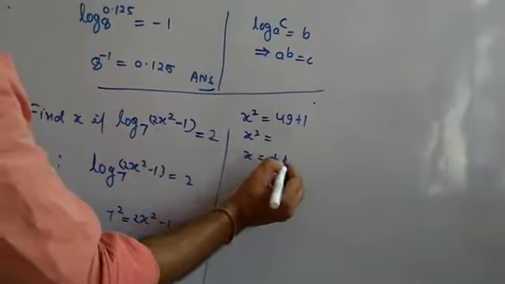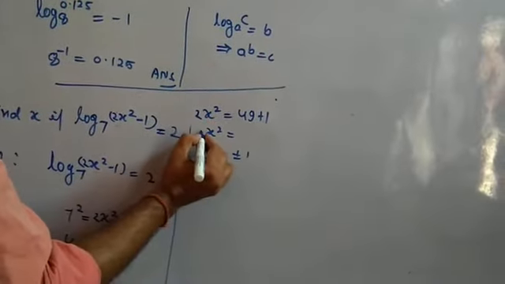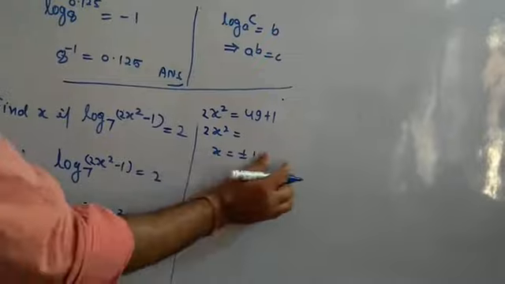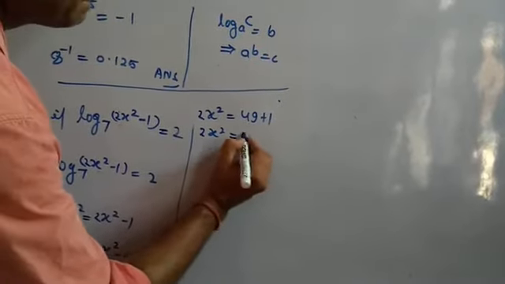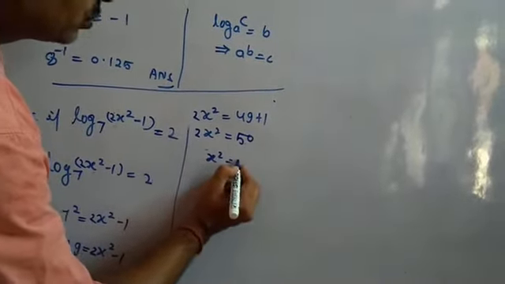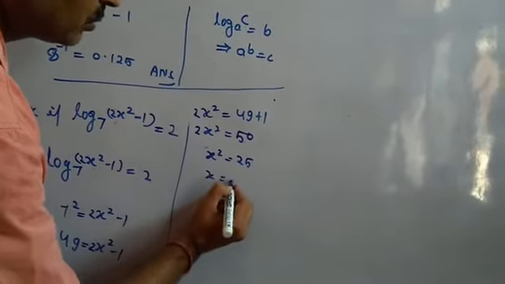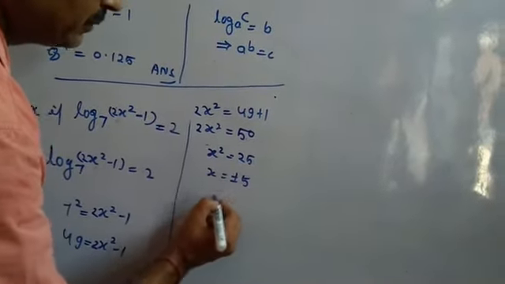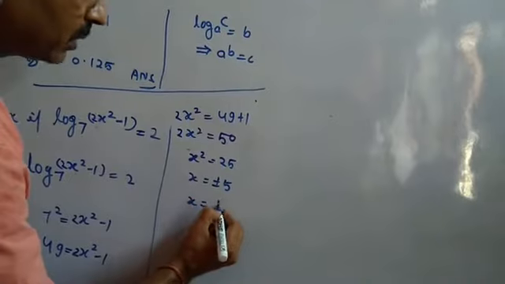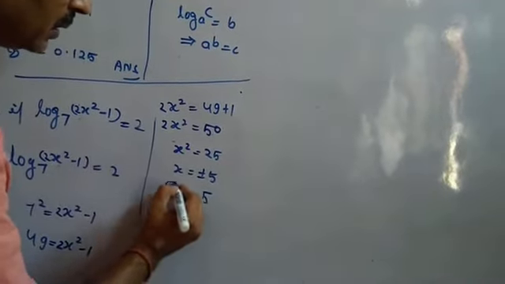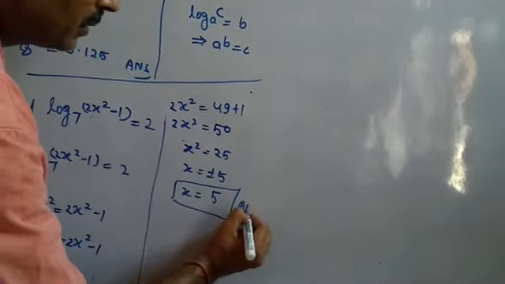So 2x square equals 50, x square equals 25, x equals plus minus 5. Taking the positive value because x is positive here. This is the answer.